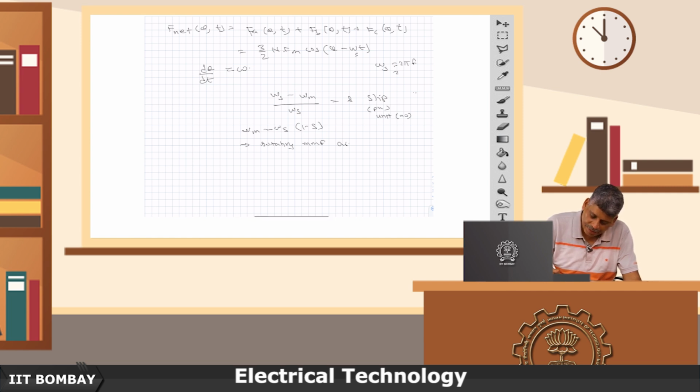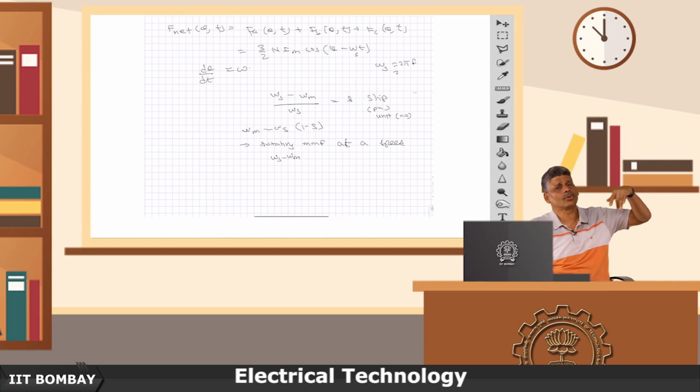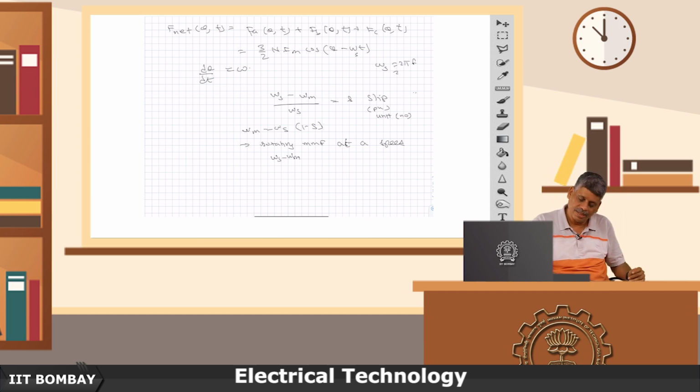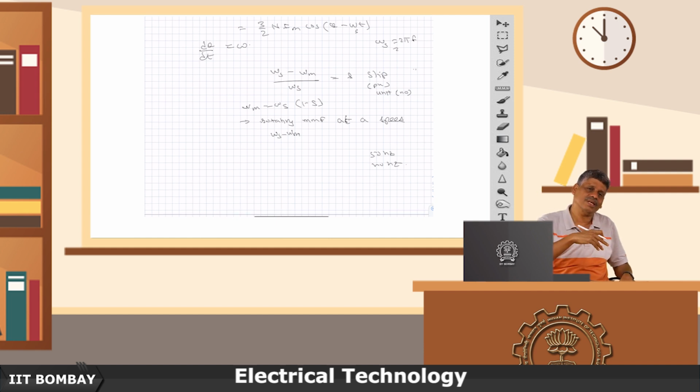at a speed which is omega s minus omega m. Suppose he is rotating at, say, 40 hertz, 40 revolutions per second, and the rotating MMF wave is rotating at 50 hertz, because our supply connected is of 50 hertz.